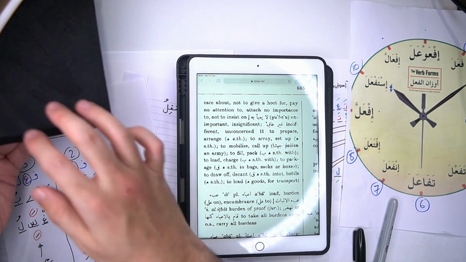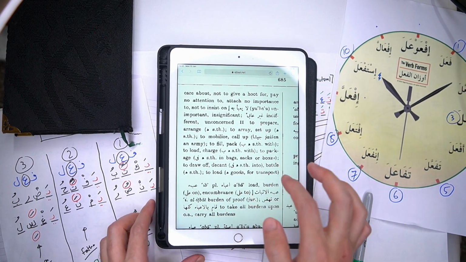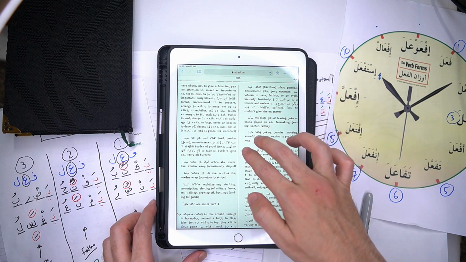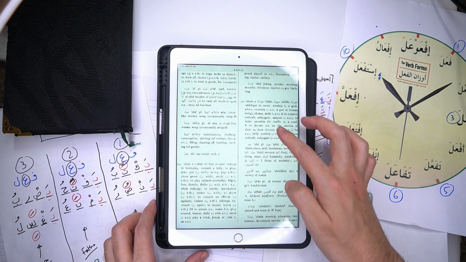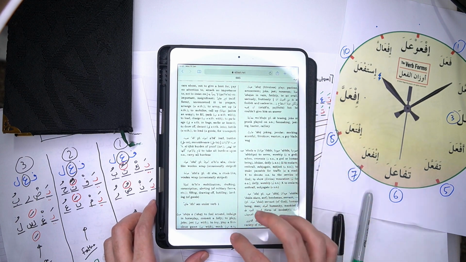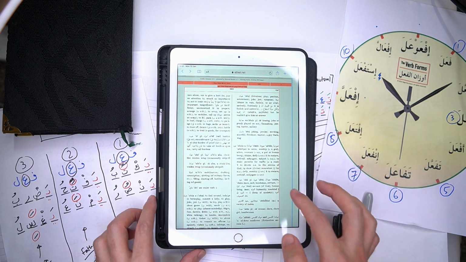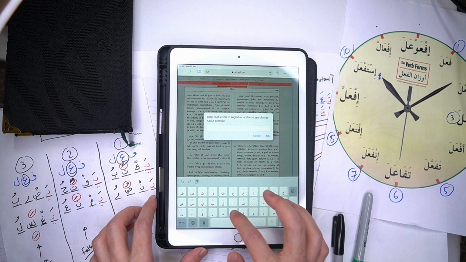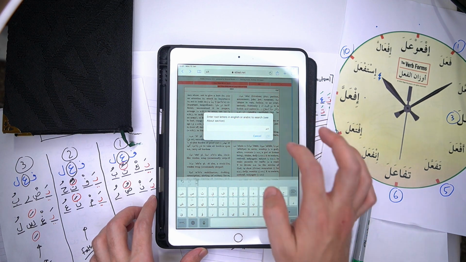Let's put this score on the side. So okay, yudabbiru. Alright, so let's put in the root letters dal, ba, and ra.